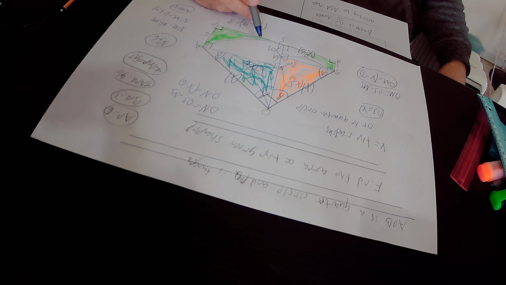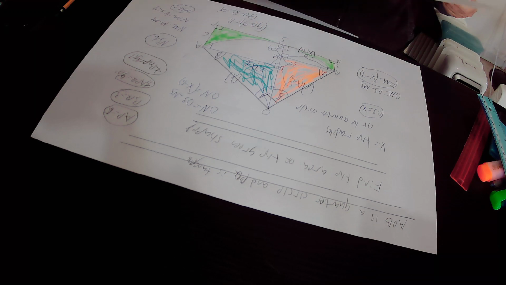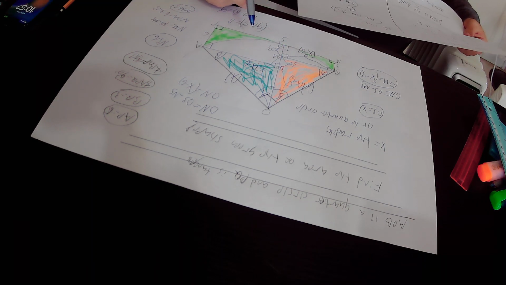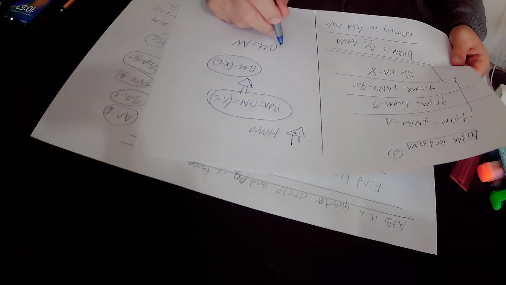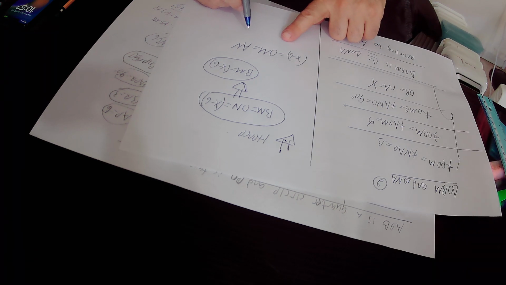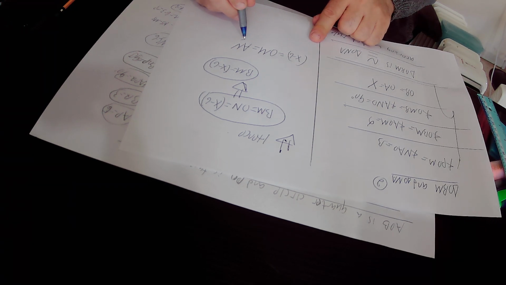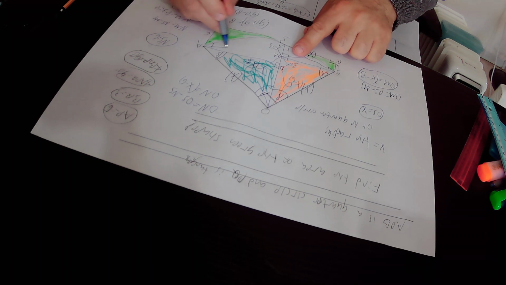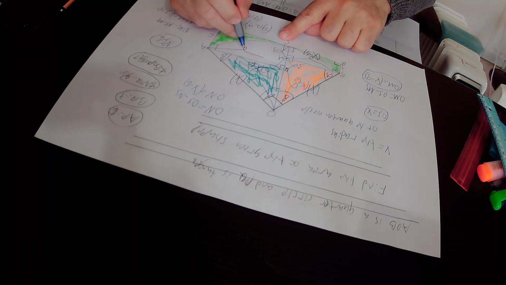And we just right now found out that OM equals X minus 6. And from this equation, X minus 6 equals OM equals AN, we will derive that AN is also equal to X minus 6.